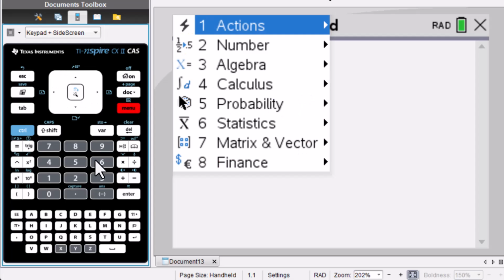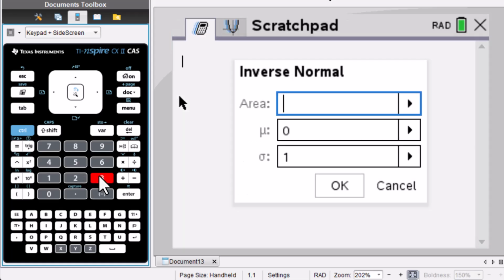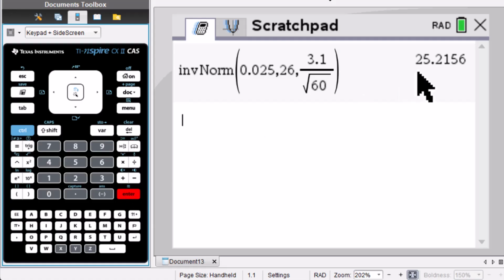Go to menu 6, 5, distribution 3, inverse norm, area 0.025, mu 26, sigma 3.1 over square root 60. Enter, enter. Answer is 25.2.